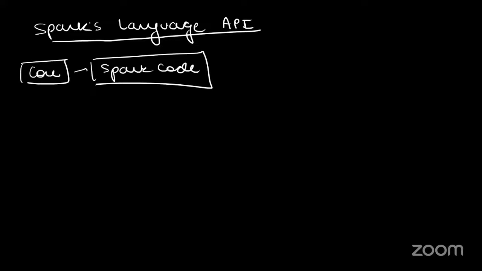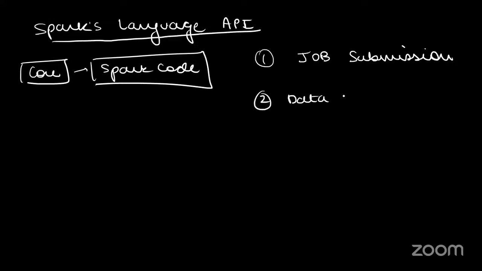The first thing that happens when you start processing your data is job submission. The first step is called job submission. Then the second step is data partition.